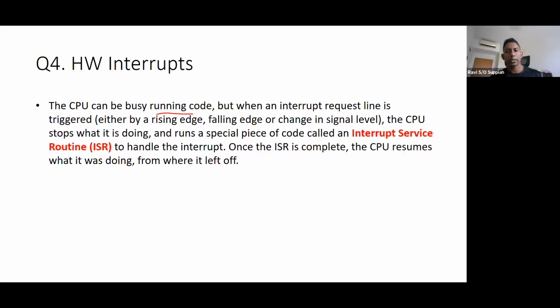In most cases, some interrupt request line is toggled or activated, and when that happens, you suspend your current activity and jump to the interrupt service routine. When it is complete, the CPU can resume and carry on from where it left off.